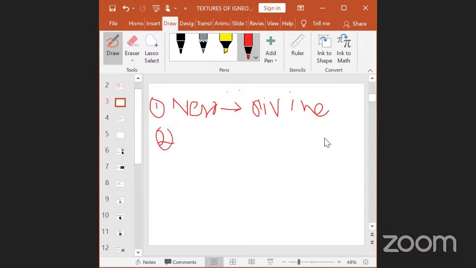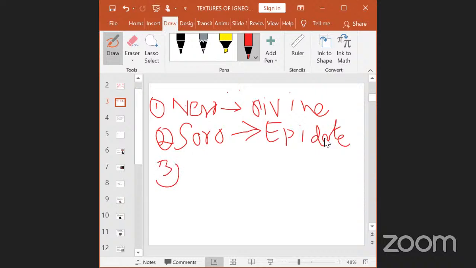The second one is sorosilicates. An example is epidote. The third one is cyclosilicates.